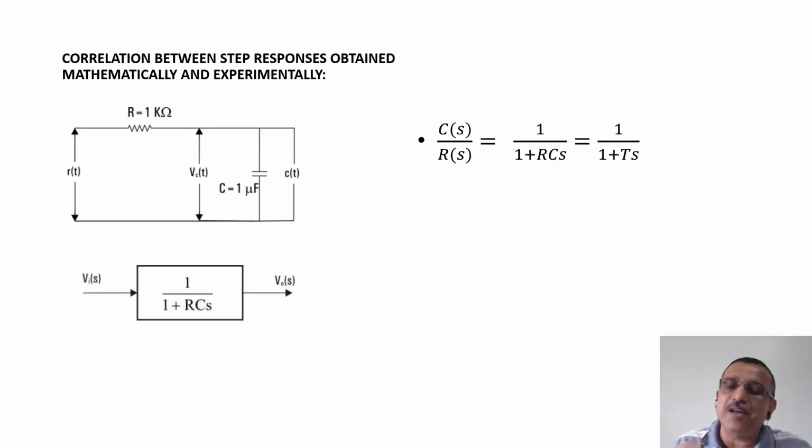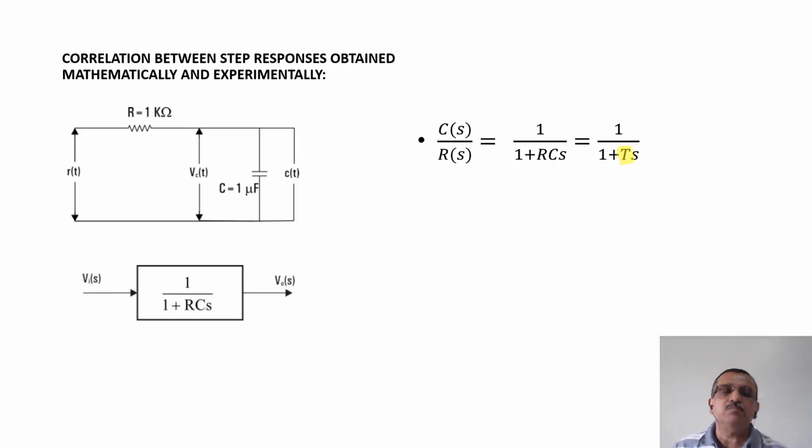So the characteristic of a first order system is this very important parameter. First order means you should know the time constant. So time constant is a physical quantity. You should have a physical feel for the time constant.